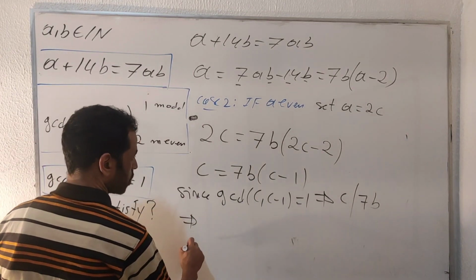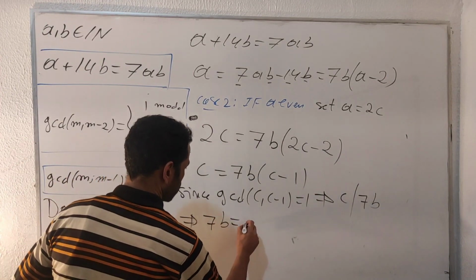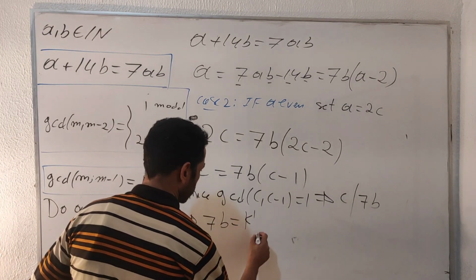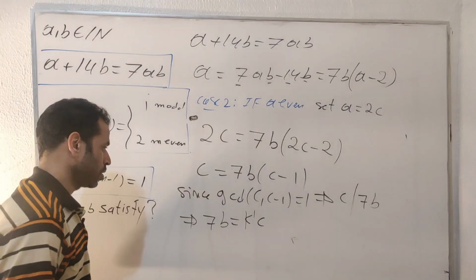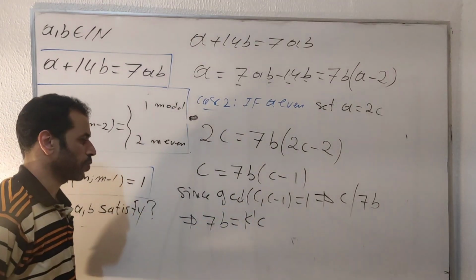This one is telling us 7B equals K prime, for example, multiplied by C. What is K prime? A natural number.